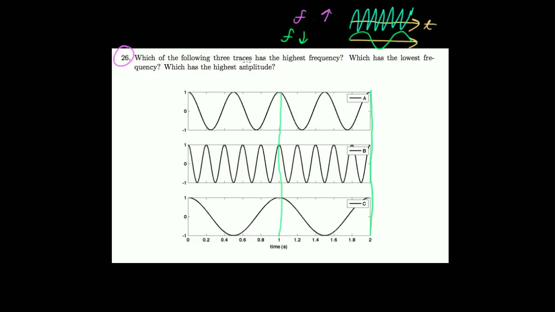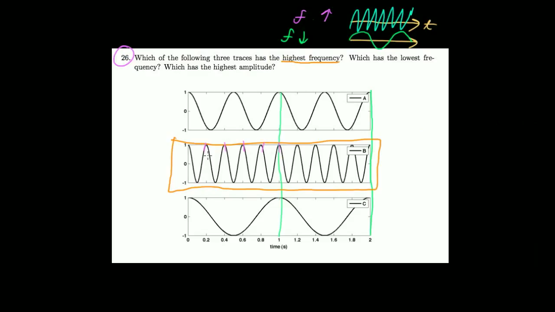Which of these traces has the highest frequency means which repeats the most often in a given amount of time. And hopefully you can see it's this one. This signal is just going crazy. It's repeating a whole bunch of times in 1 second. If I count how many times it's repeating: once, twice, 3 times, 4 times, 5 times.